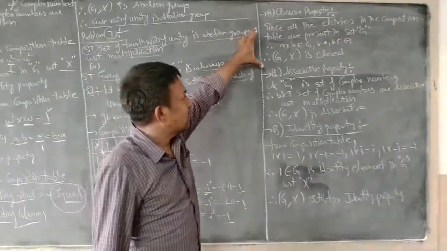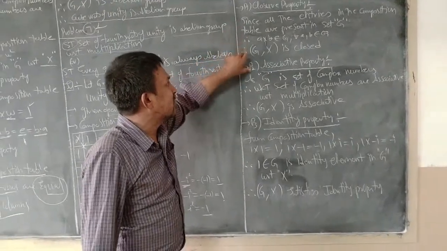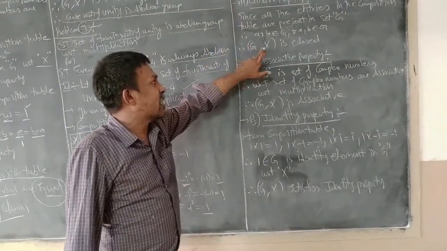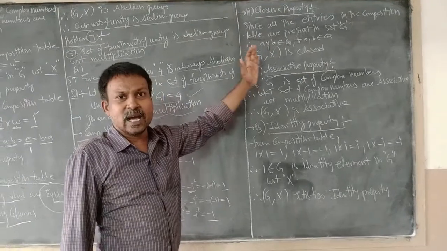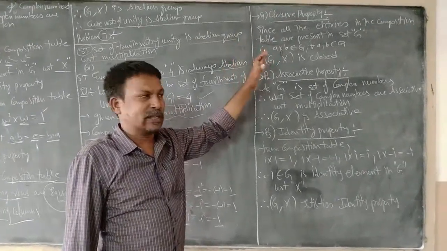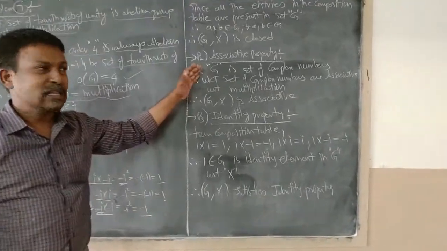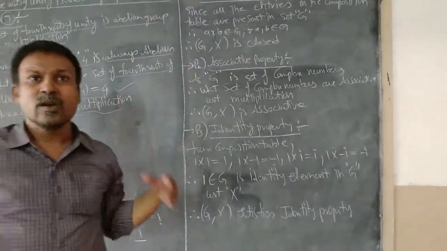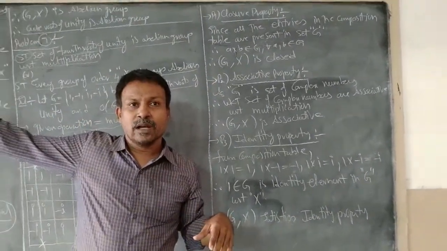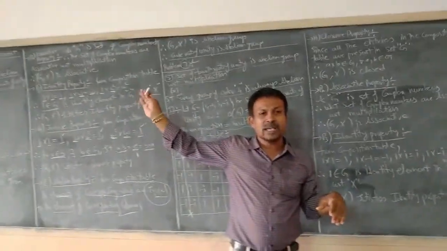Therefore, by writing these two statements itself, we can conclude that (G, ×) is closed, or (G, ×) satisfies the closure property. If I go to the associative property, the same statement is written as while proving the set of cube roots of unity as an abelian group.